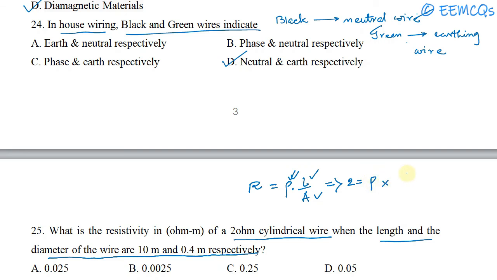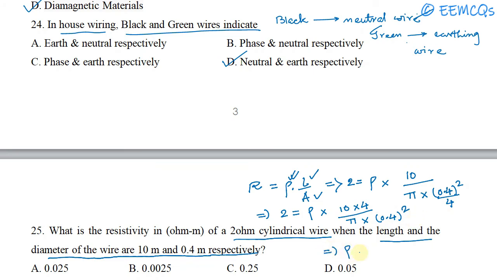L is given as 10 and area will be pi into diameter of the wire square, that is 0.4 whole square by 4. So 2 is equal to rho into 10 into 4 by pi into 0.4 whole square. So what is the value of rho?